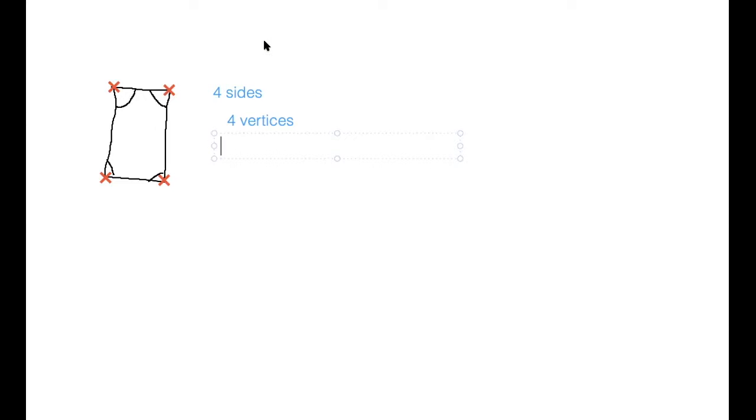A straight line has an angle of 180 degrees. So if I were to extend this out, this whole angle would be 180 degrees, and half of that would be 90. So a little bit more than 2nd grade material, but just in case you wanted to know that. So we're going to talk vertices and sides. So how many sides in a rectangle? 4. How many vertices in a rectangle? 4.